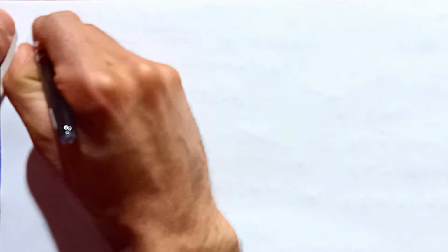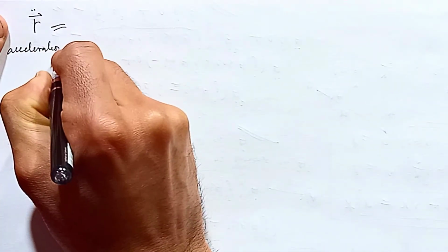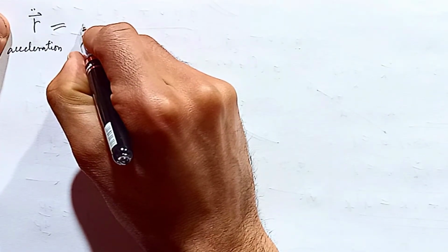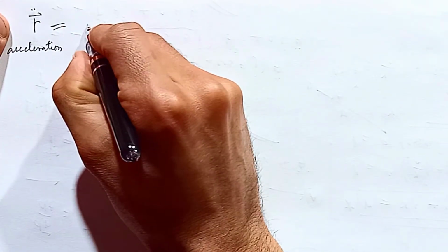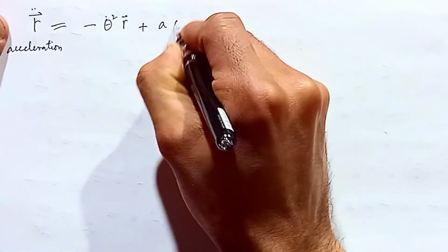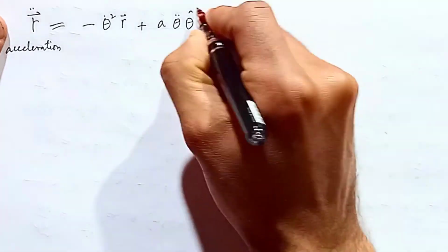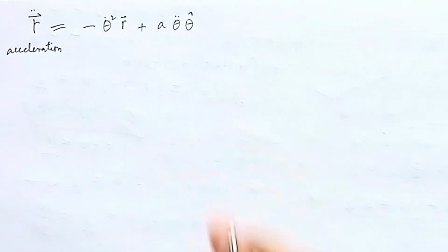We have got the result, I will write it down again. r double dot, this is the acceleration, will be equal to minus theta dot square r vector plus a theta double dot theta hat, the unit vector along the theta axis, we can say.